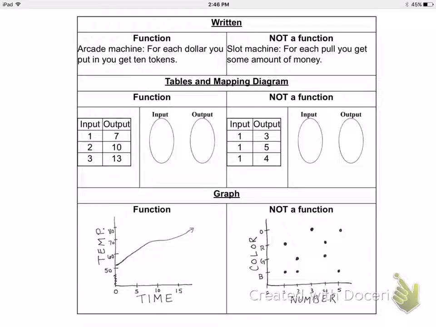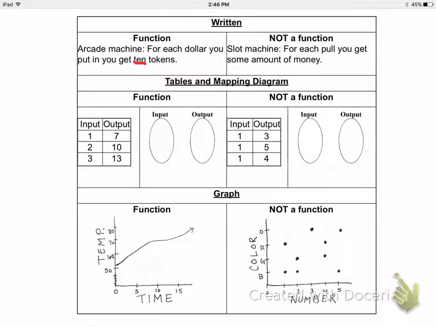You're not sometimes getting 15 tokens or sometimes getting 20 tokens. Now, what's not a function would be a slot machine. Every time you pull, you get different amounts of money. You put in $1 for a pull, sometimes you get $5, sometimes you get 10, you might hit the jackpot. So this is not a function because there is more than one output for the one input, which is putting the dollar in and getting a pull.